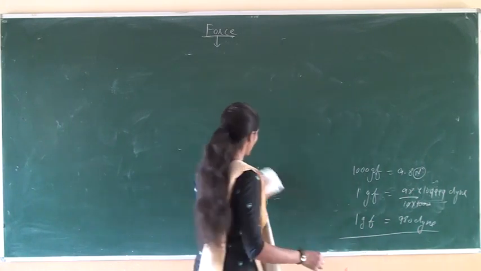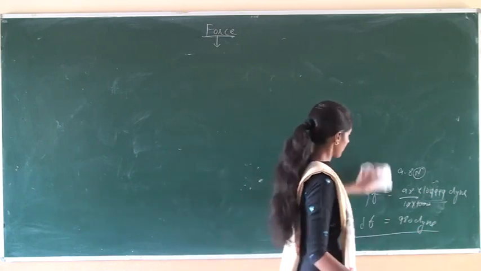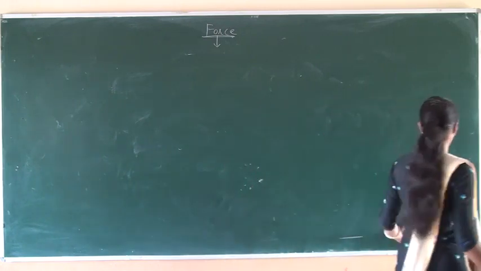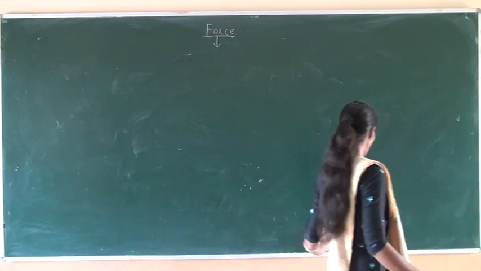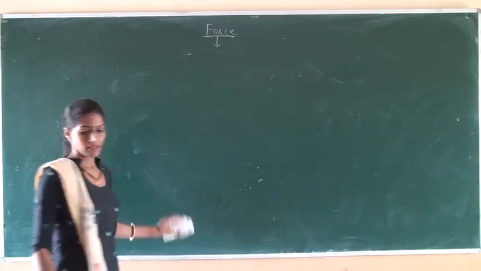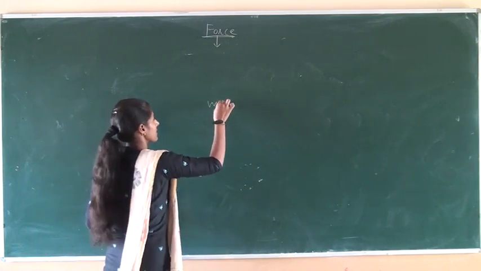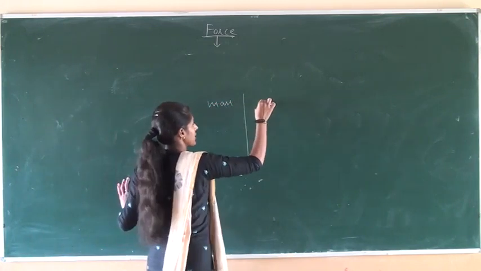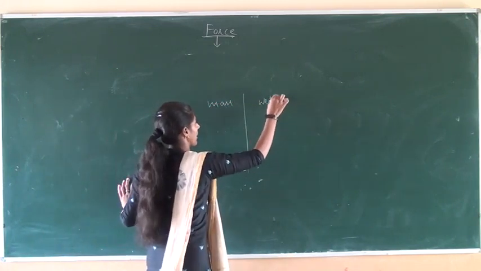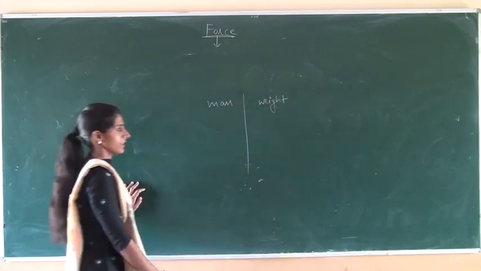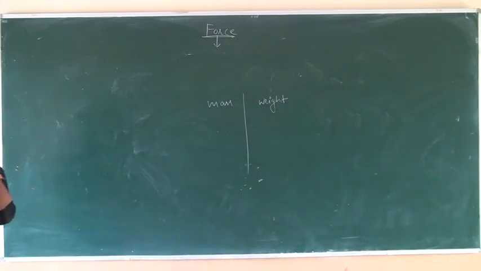After that, we will discuss the difference between the two terms, that is mass and weight. Generally, we say that mass and weight are the same, but no. In terms of physics, mass and weight are two different terms. There is a difference between them.